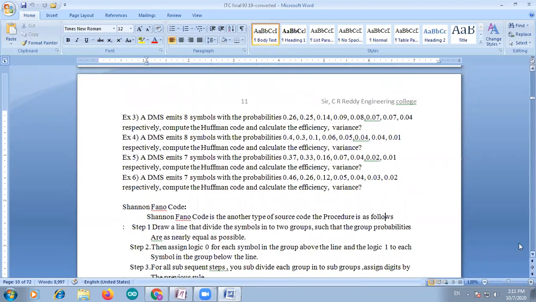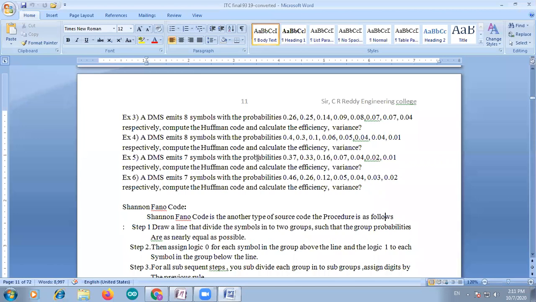The second problem, please note down. A discrete memoryless source emits 8 symbols with the probabilities 0.4, 0.3, 0.1, 0.06, 0.05, 0.04, 0.04, 0.01 respectively.